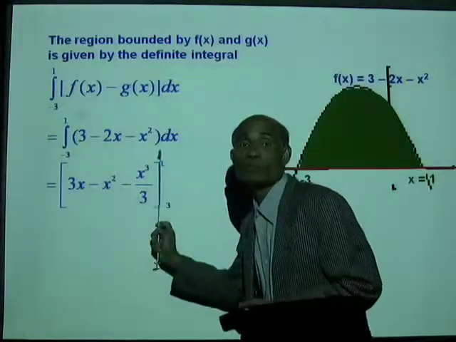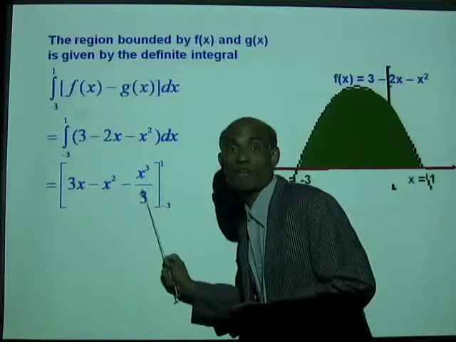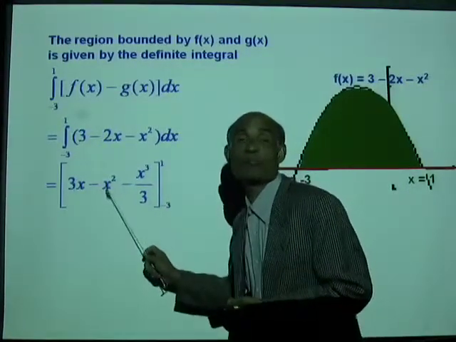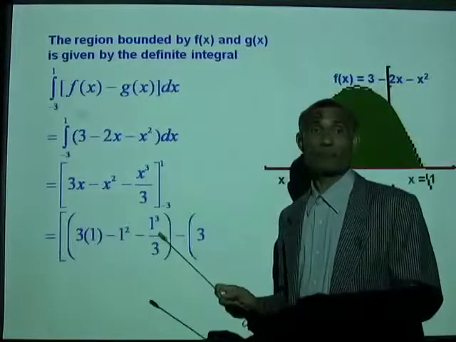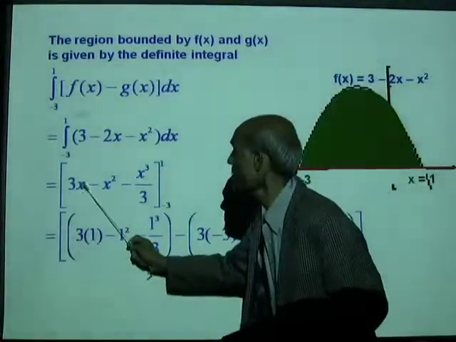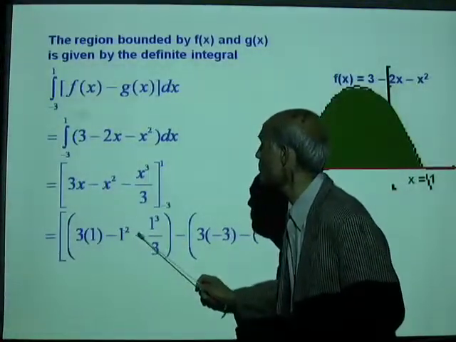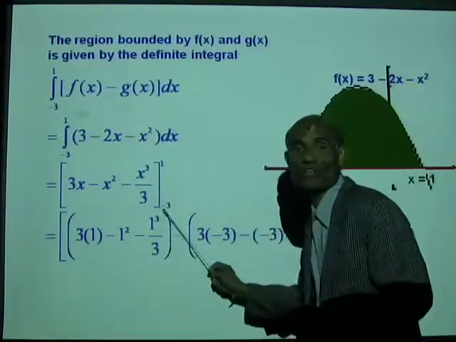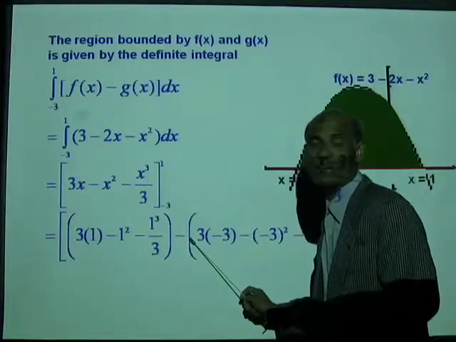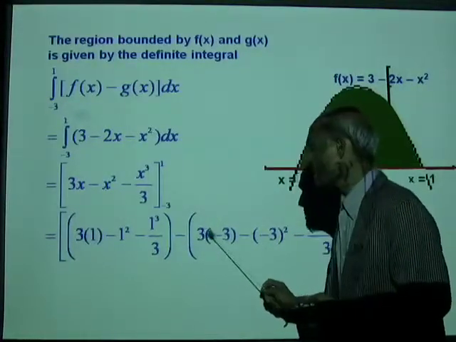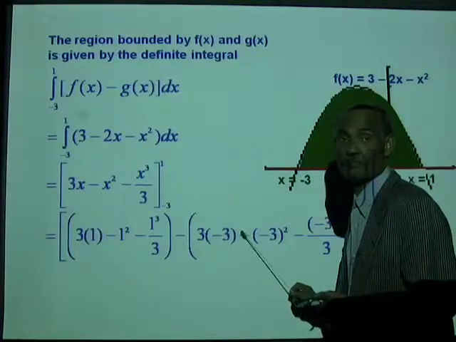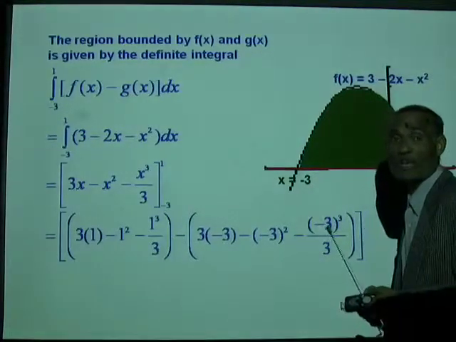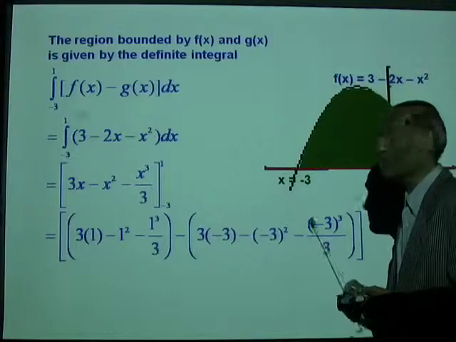And now replace x by 1 for the upper limit here. Then subtract, replace x by -3. So that will be 3 times 1 minus 1 squared minus 1 cubed over 3. That takes care of the upper limit. Minus 3 times -3 minus -3 squared minus -3 to the power of 3 over 3.